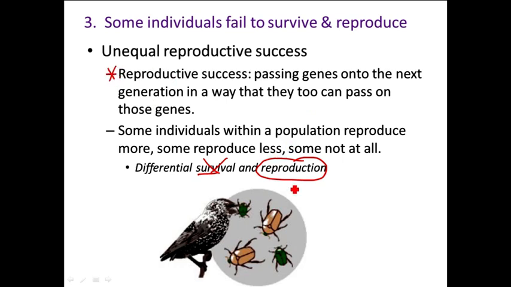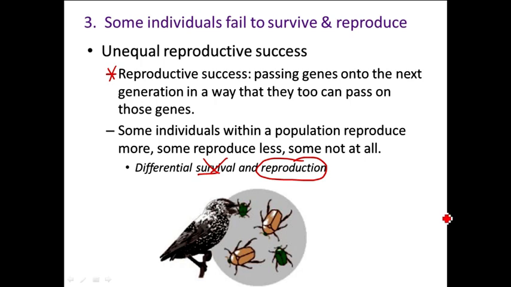So, say with these beetles, ones that have a high reproductive success might not actually even live that long. Maybe they just mate and die. A lot of insects do that, but as long as they pass their genes on, then they have high reproductive success.